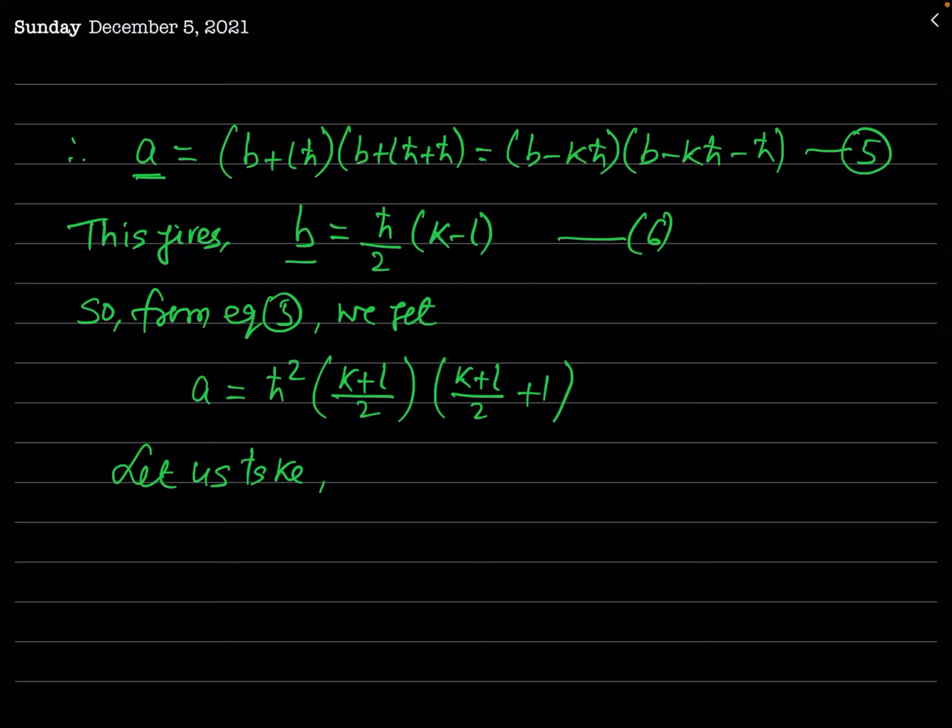Now let us take (k + l)/2 equal to j. You can see that (k + l)/2, which is equal to j, will necessarily be an integer, and (k − l)/2 is also an integer, because k and l both are integers.